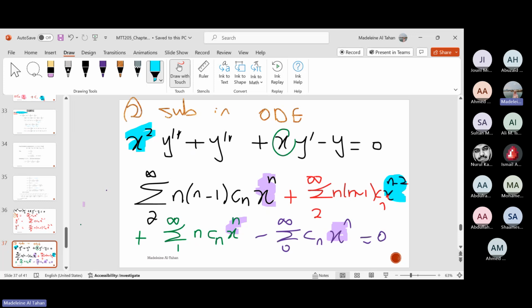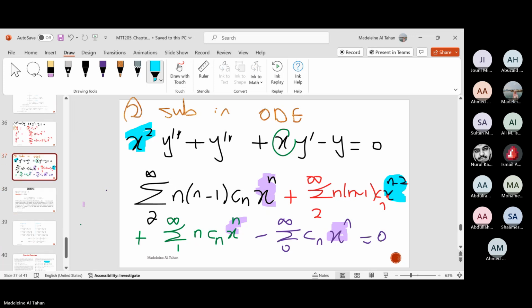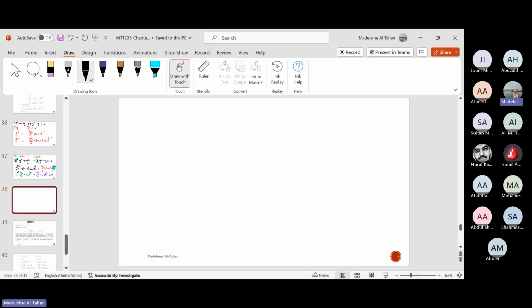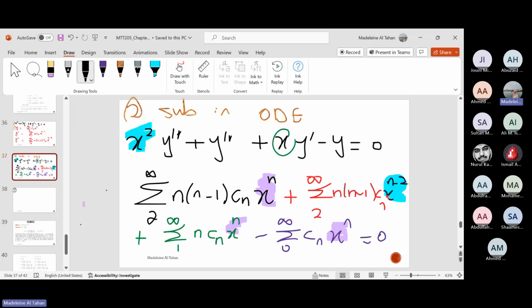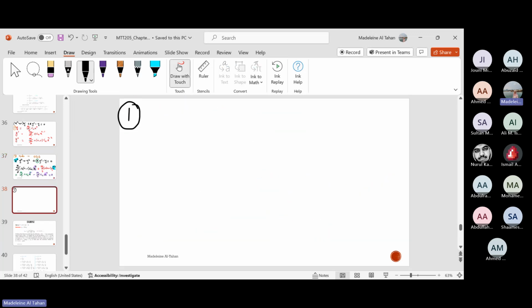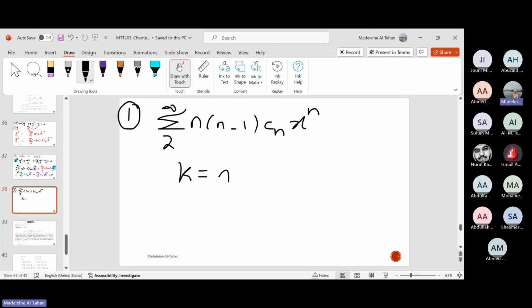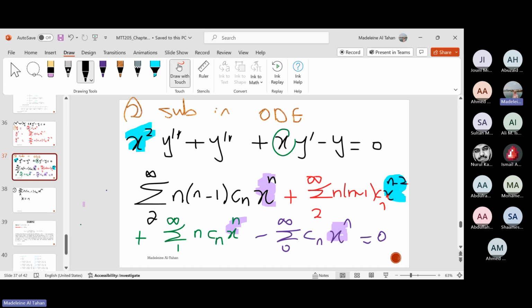So here we have 4 series. Series 1 is sigma 2 to infinity n into n minus 1 Cn xn. Here we will put k equal n. Is series 1 affected in any way, miss? No, just switch n to k. Exactly. Now, series 2.